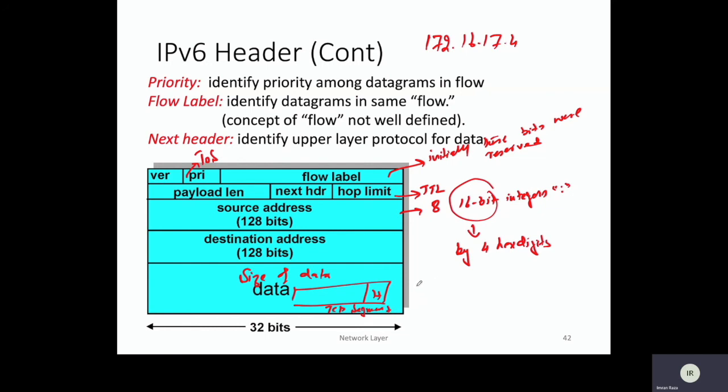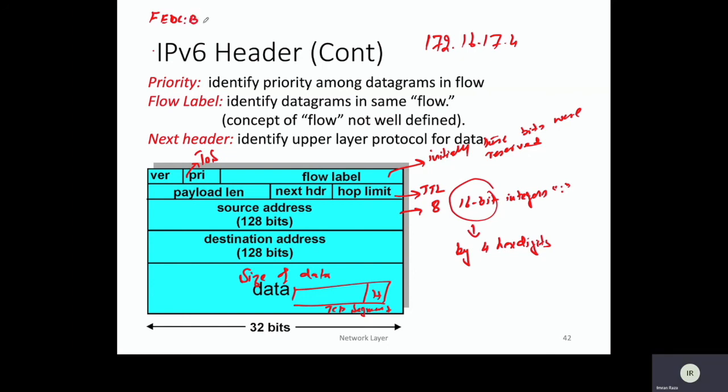let's have a look at an example of an IP version 6 address. So this can be a possible IP version 6 address. 4EDC. So these 4 hexadecimal digits separated by a colon.